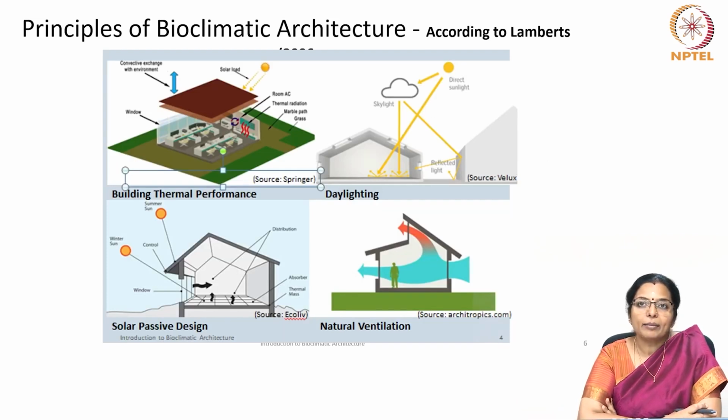Now, bioclimatic architecture, we will look at the principles. According to Lamberts, bioclimatic architecture and buildings first have to respect the environment. So, bioclimatic architecture is a way of designing buildings based on the local climate with the aim of ensuring thermal comfort using environmental sources.